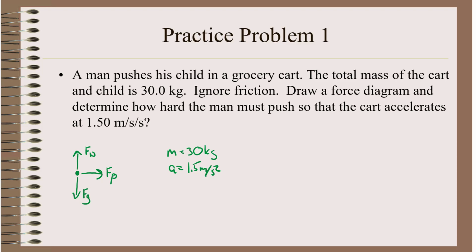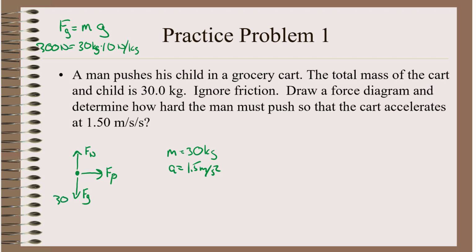Call that a push. You should remember that last unit I showed you that the force of gravity is just the mass times the field strength. And the field strength here on Earth is 10 newtons per kilogram. So if we have 30 kilograms, that just means it's 300 newtons.